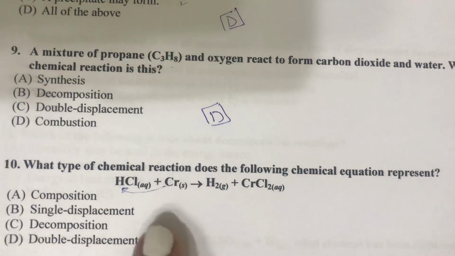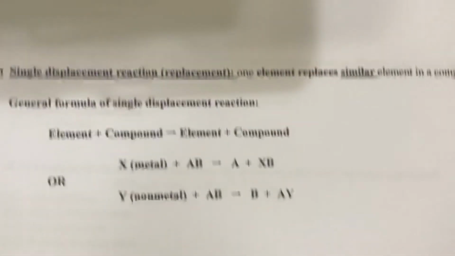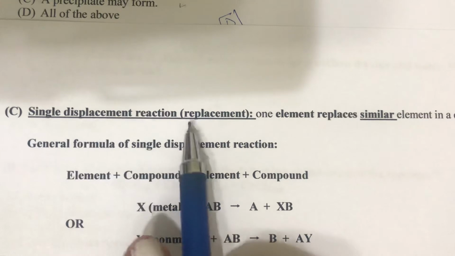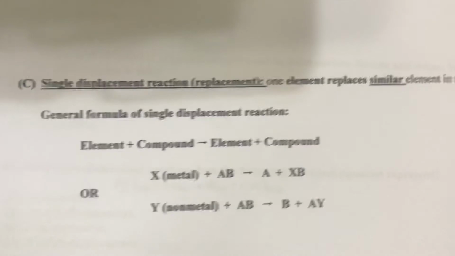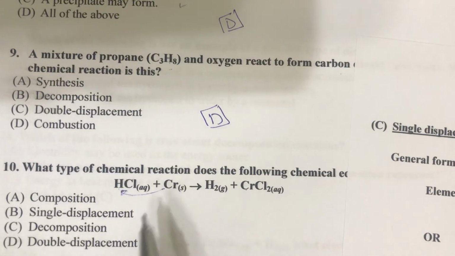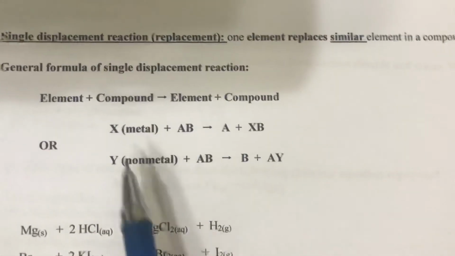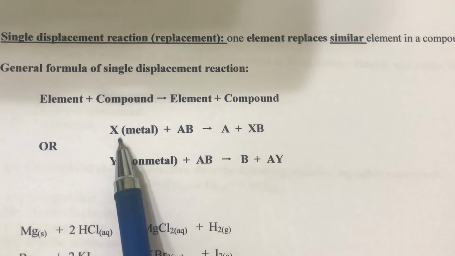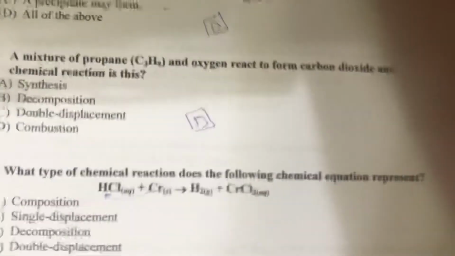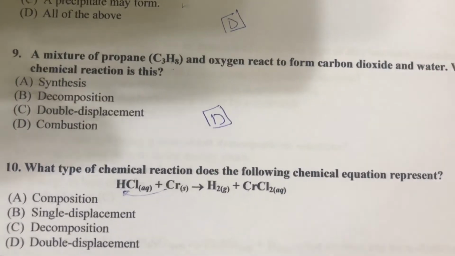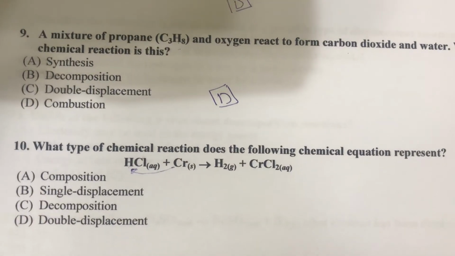The reactants are element plus compound. The general formula of single displacement reaction is element plus compound. And here the element is a metal, so it will replace the positive charge in the compound. So it's a type of single displacement reaction. So the correct answer is B.